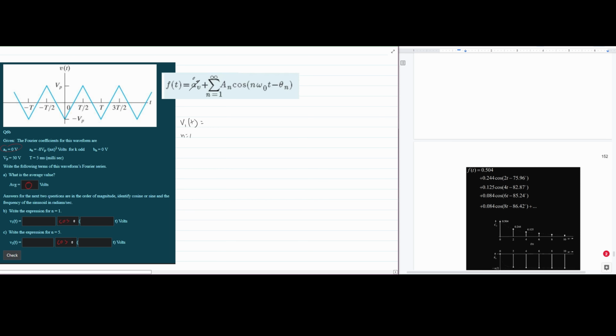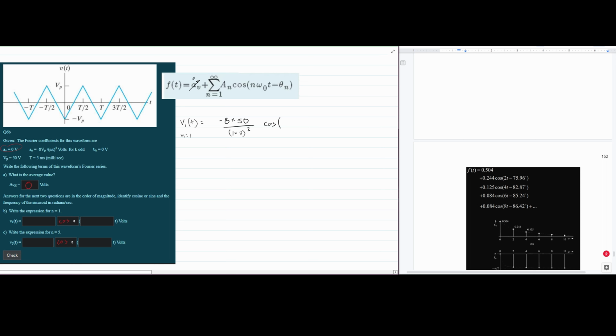And we're going to plug in our values. So our A_n we know as this right here. We are going to have negative 8 times our Vp, which is given to us as 50 volts, divided by n, which is 1, times pi, and this is all squared per the formula. And then we have the cosine.